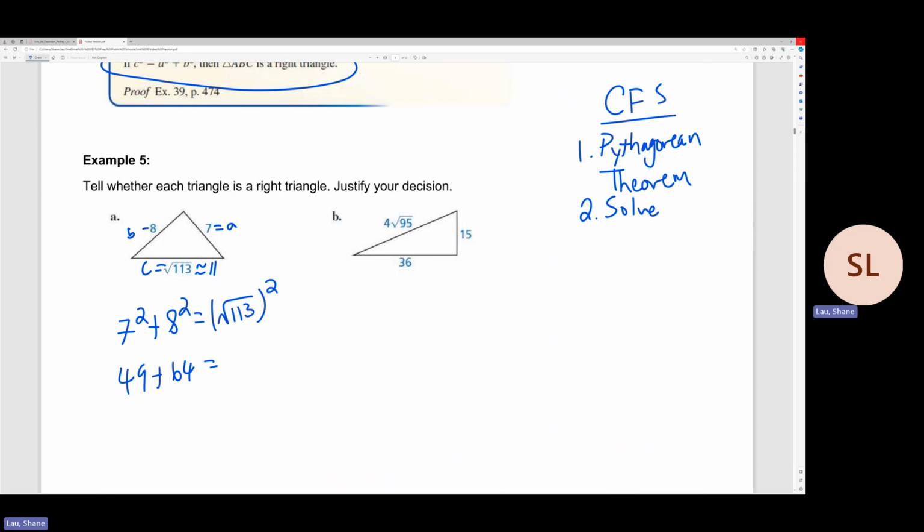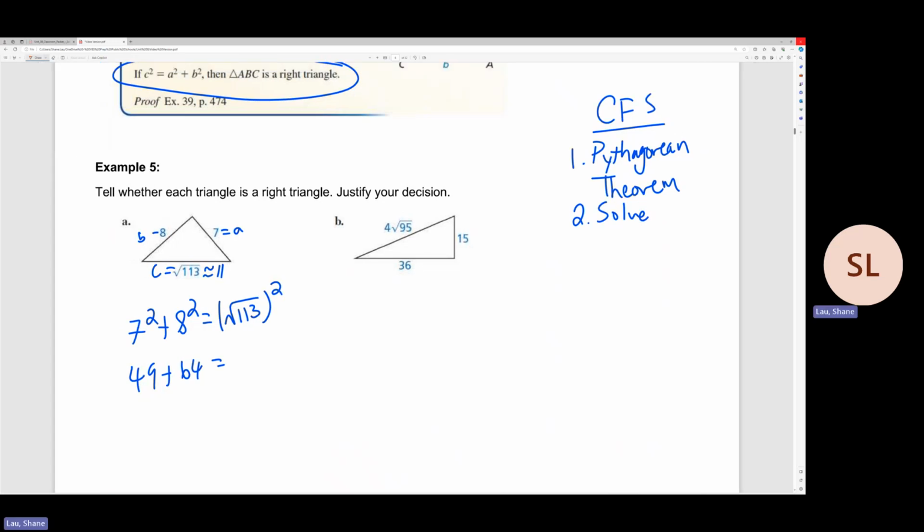Just a quick recap as to how exponents work. What this exponent is telling us is that it is the square root of 113 times the square root of 113, which we've already seen examples of earlier this lesson, where a number inside of a radical times that same number inside of a radical, they just cancel the squares out.